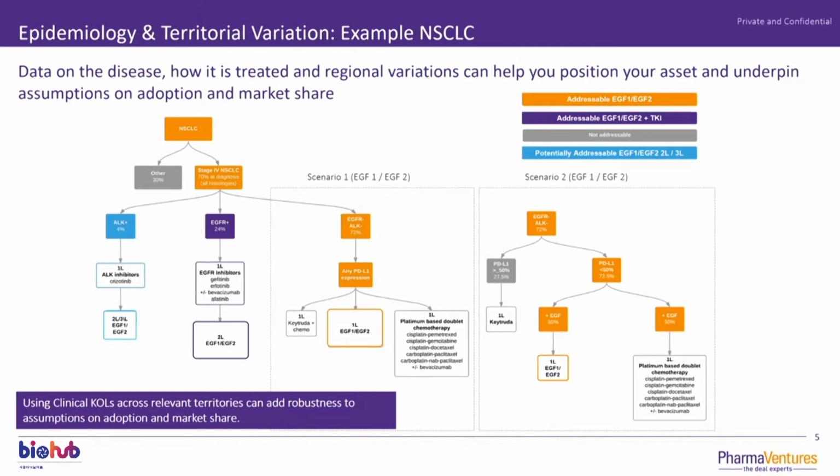And therefore, you can look at a scenario like this: on the left-hand side, non-small cell lung cancer splits into those who are stage 4, which is 70% of them, others 30%, so you're carving out populations already. Of those, 24% are EGFR positive, 4% ALK positive, and then others are EGFR ALK negative.